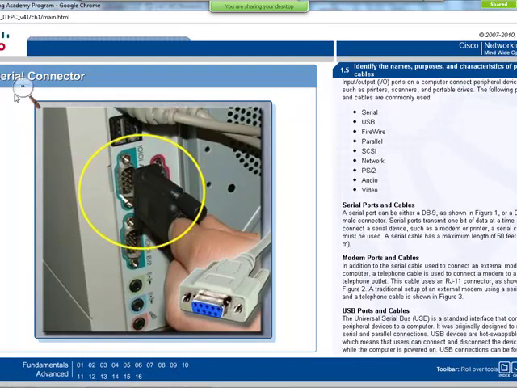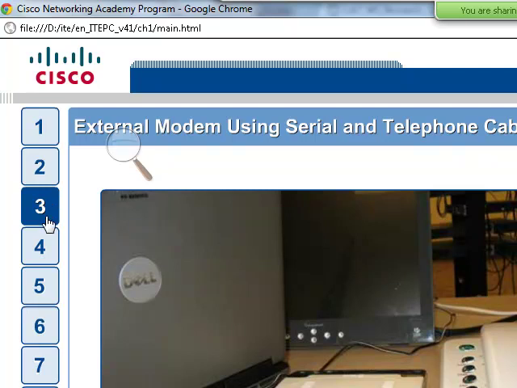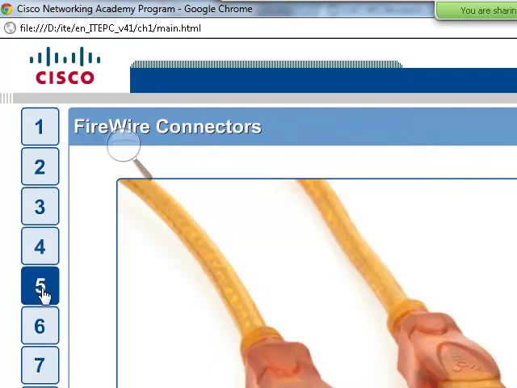These are the different connectors. This one is RJ11, the one that connects your telephone line. This one is the USB. This one is FireWire, which is going to replace USB.